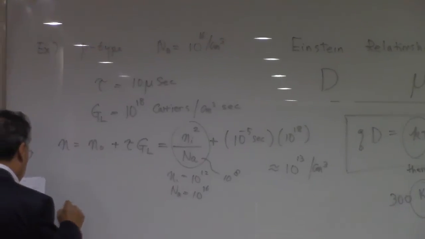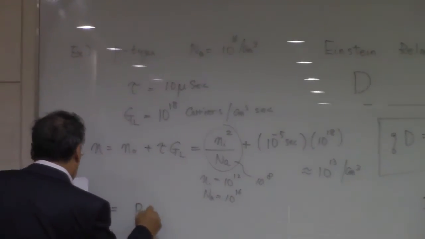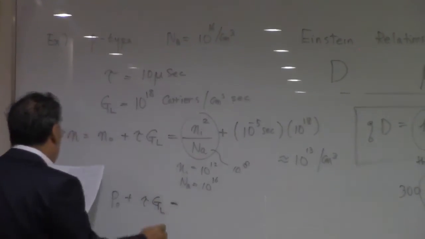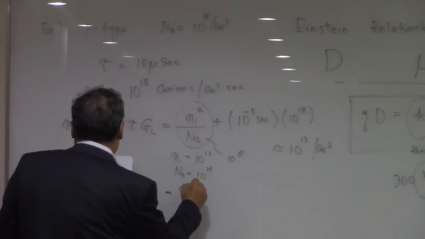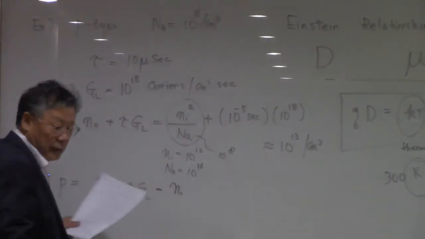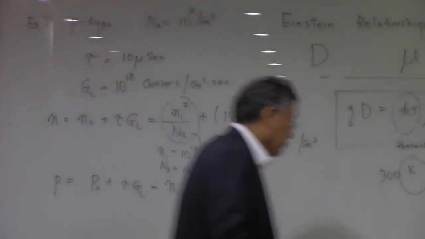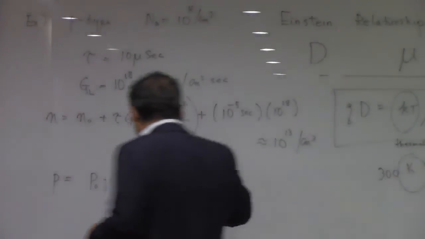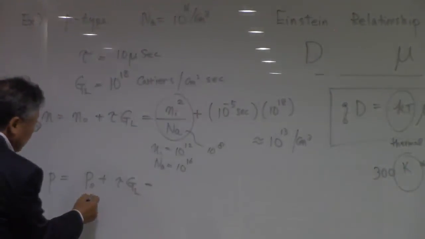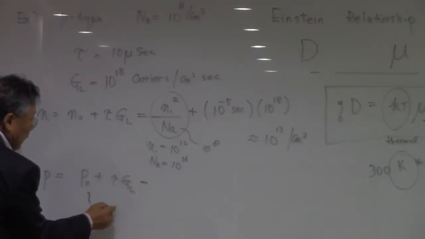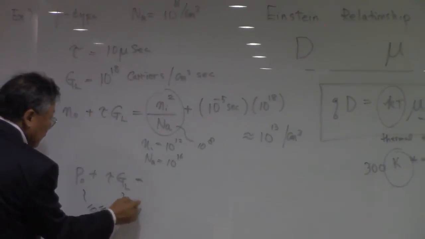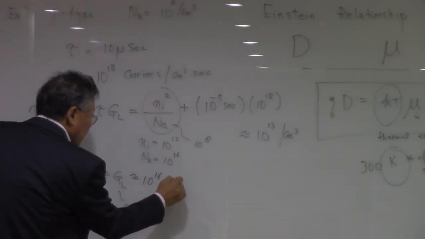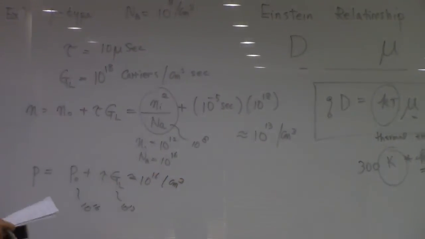Now, the p is p naught plus tau times G L, and that is going to be 10 to the 16th. Okay? Because this is 10 to the 16th and this is 10 to the 13th, so that is going to be 10 to the 16th per cubic centimeter.